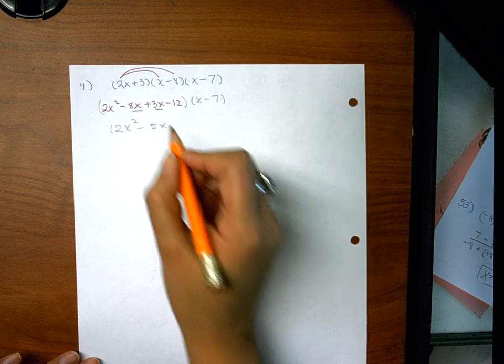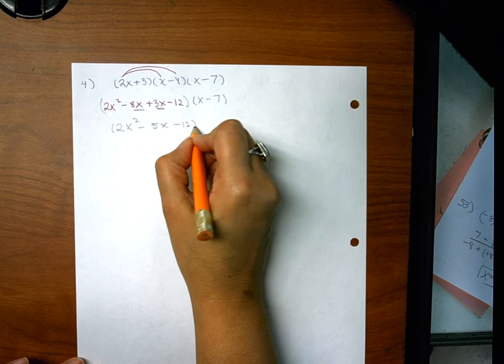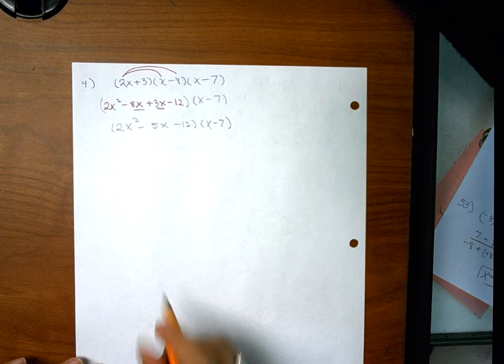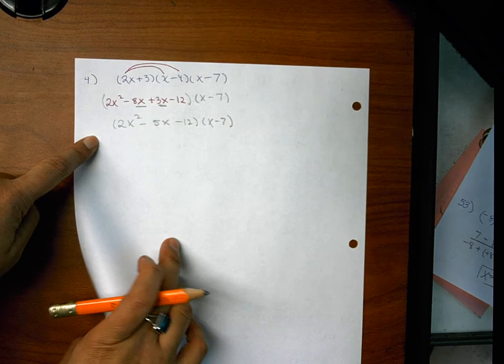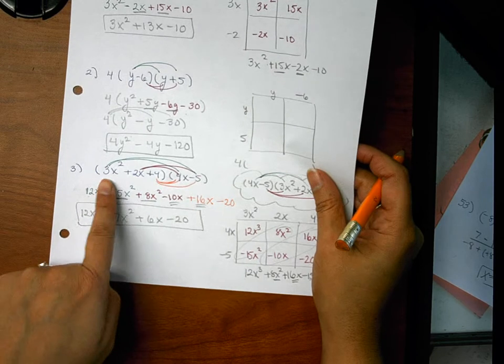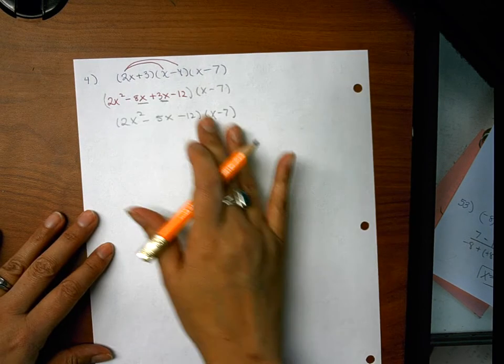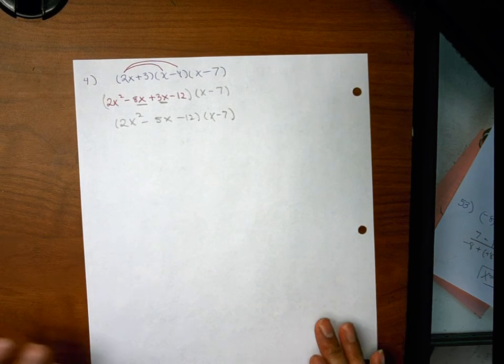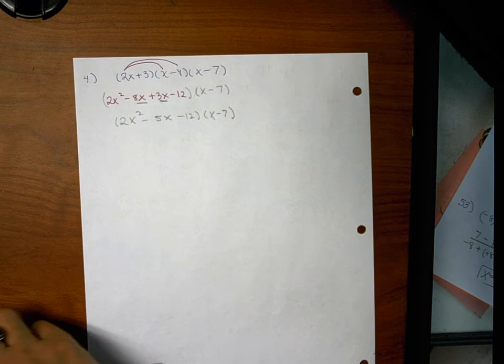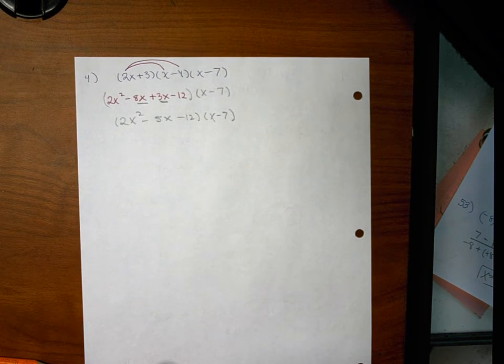So that gives me 2x squared minus 5x minus 12 times x minus 7. Now this looks just like number 3 that we did here with the triple distribution. And remember what I said, if you'd like, you could put the x minus 7 first. Up to you. I'm going to leave it like this.